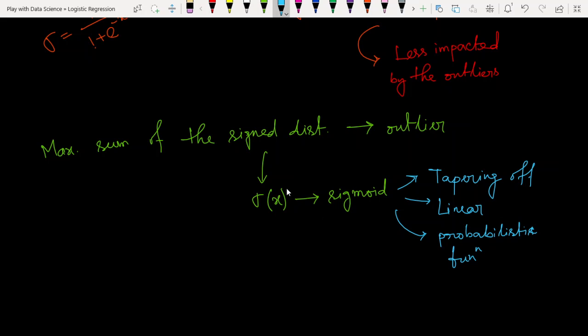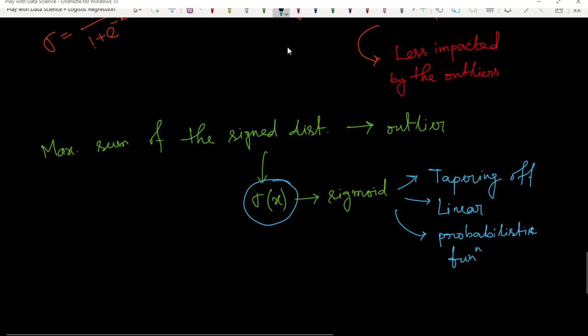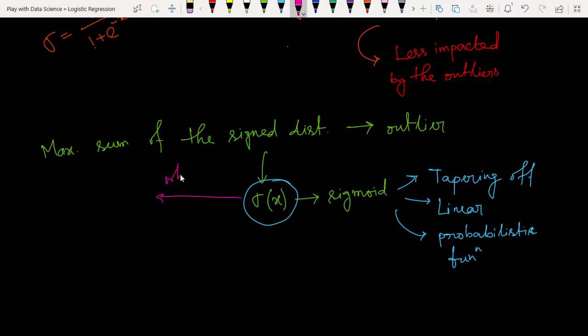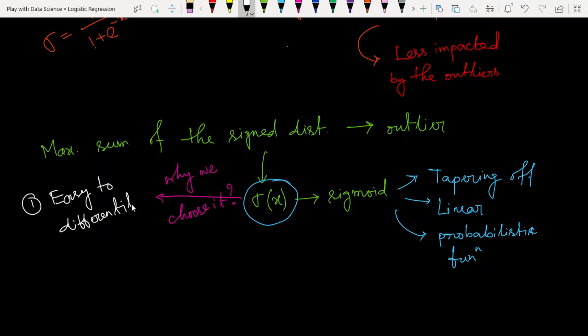The main reasons are: first, it is easy to differentiate, and number two, it has an easy probabilistic interpretation.